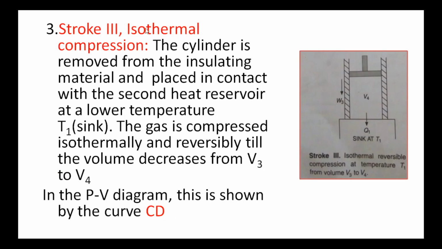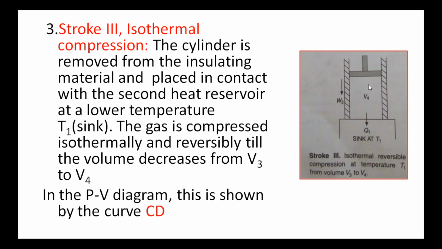Next, stroke 3. Stroke 3 is isothermal compression. That is, it is obtained when the cylinder is removed from the insulating material and is kept on the sink. Therefore, sink is at lower temperature. Then here compression of the gas takes place. Then its volume decreases from V3 to V4.